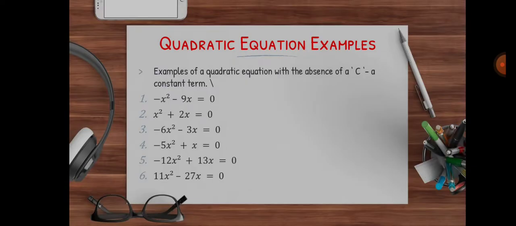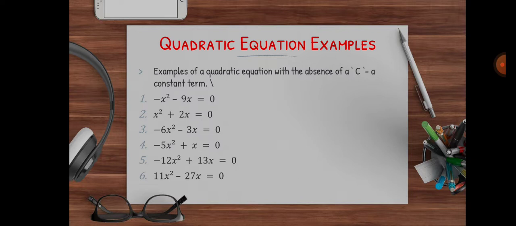Another example. These are examples of quadratic equations in which c is absent. In the first one, negative x squared minus 9x equals 0. As you can see, negative x squared is a, 9x is b.